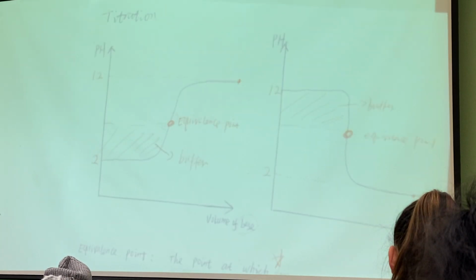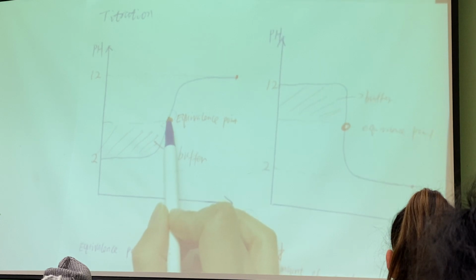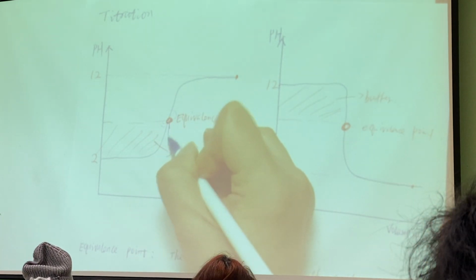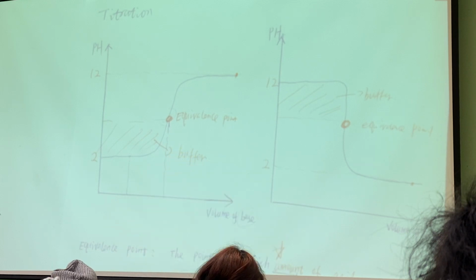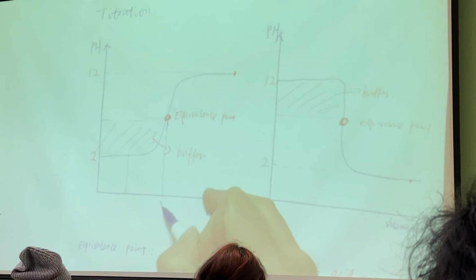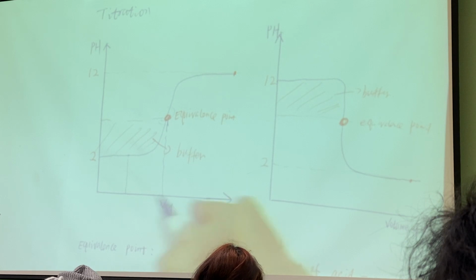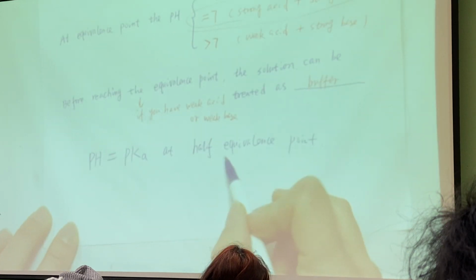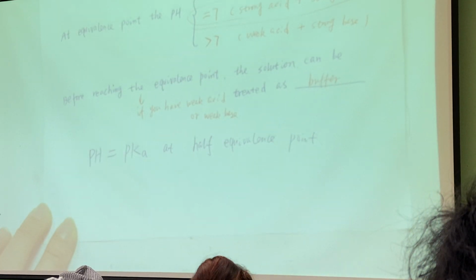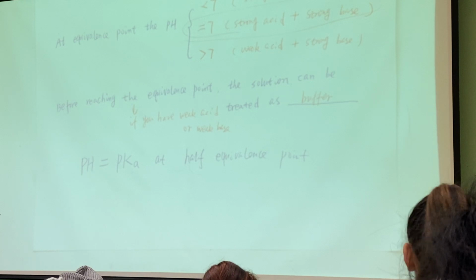So the equivalence point is here, for example, and you get a volume. The half equivalence point would be here. So if this is VEQ, here will be half VEQ. Good question. So at half equivalence point, halfway, your pH equals pKa.